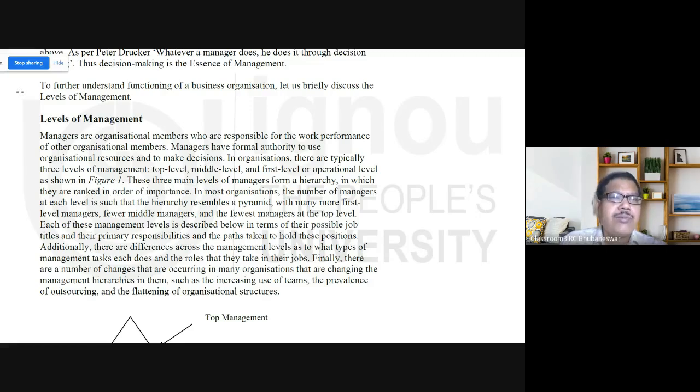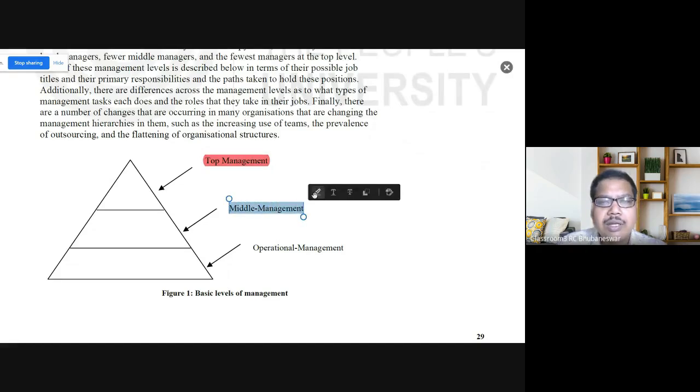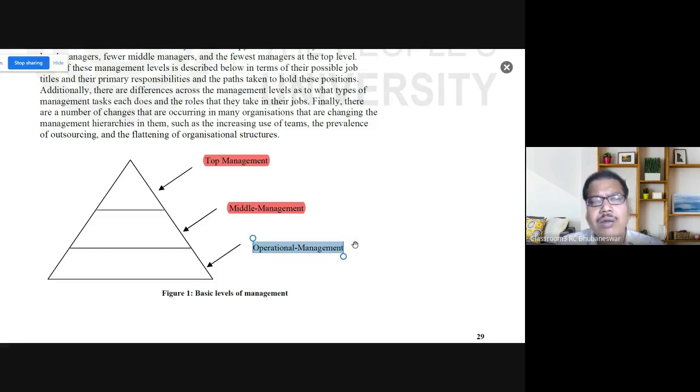I can go for the top level, and the middle level. This top level and middle level will be one up another in a hierarchy.